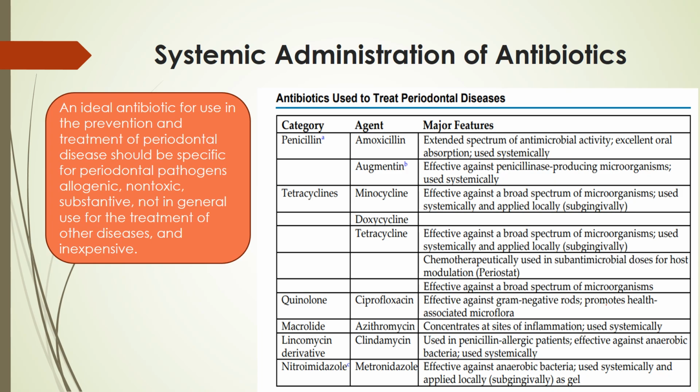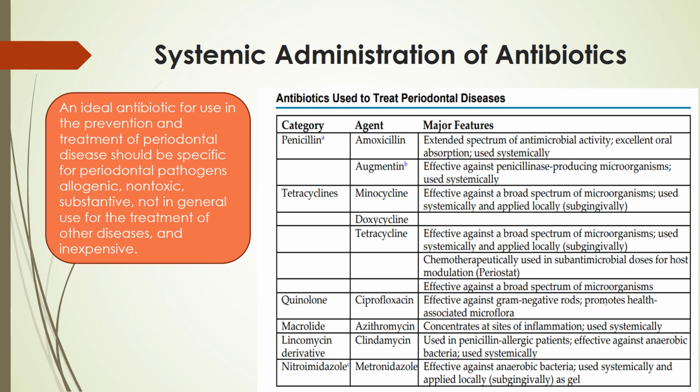So coming to the penicillin, the main indication, as we told, is that it is broad spectrum. So it can be used against localized aggressive periodontitis, generalized aggressive periodontitis, and also refractory periodontitis. And sometimes not a single antibiotic is effective; the combination will be more effective.